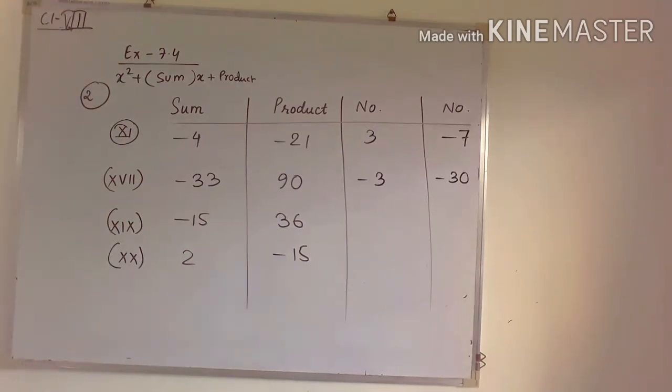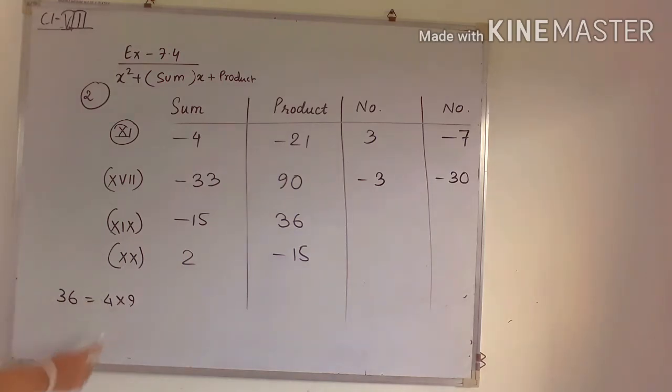Okay. So next, see, minus 15 and 36. So see the product. Product is 36. So you can see 36 is 4 9s are 36, or you can do prime factorization. So if I write 36 is equal to 4 into 9, okay, I am taking randomly, okay. So this is not exactly the prime factorization because 4 and 9 are not prime numbers.